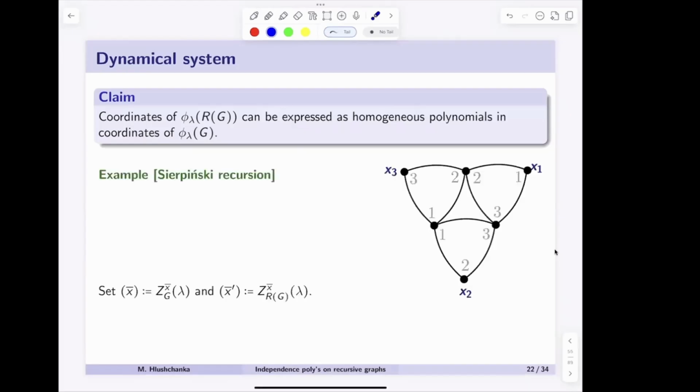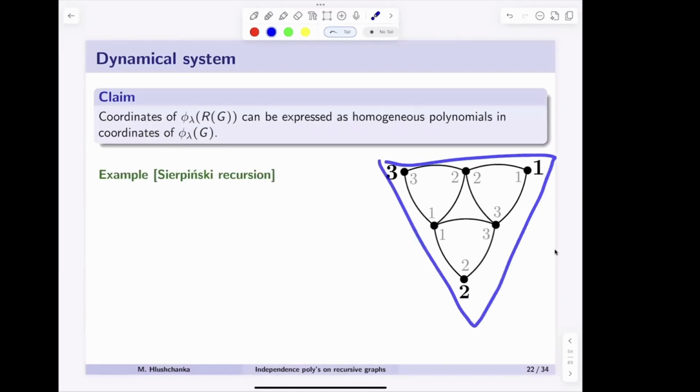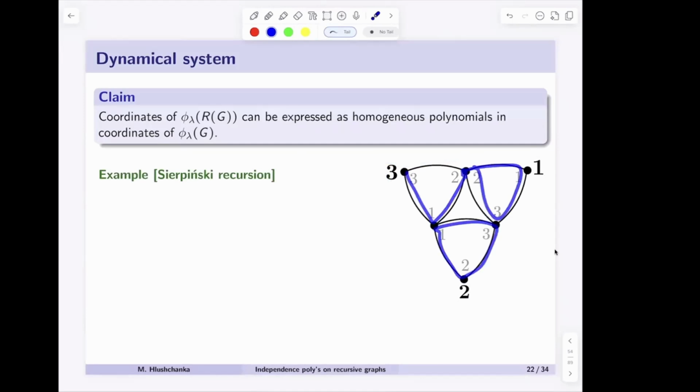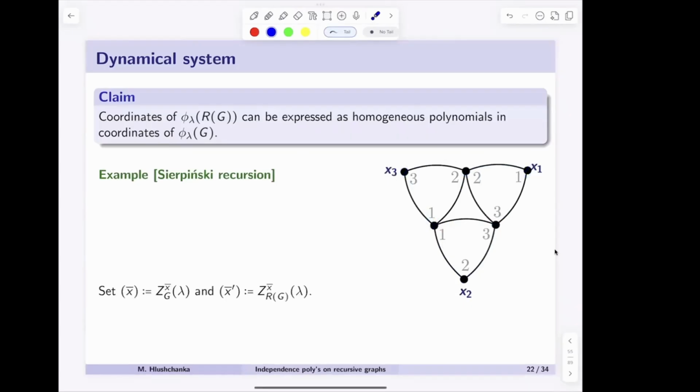So again, let me just describe this on an example. This is just the gluing scheme of my Sierpinski recursion. I take 3 copies of the graph and I glue them at these 3 vertices and I assign new labels like this. Just to simplify the notation, let's denote this subpartition function by this guy and the subpartition function of the next iteration by prime.